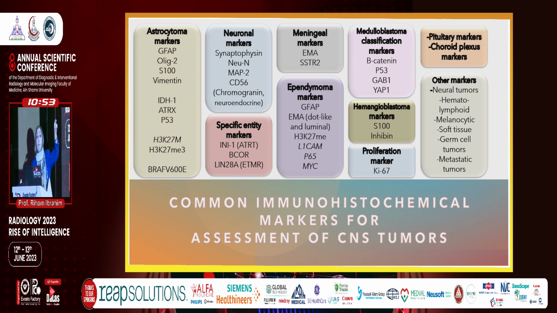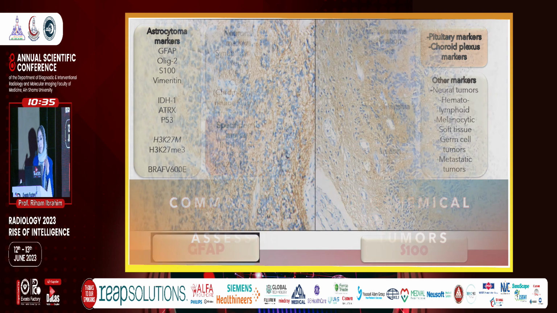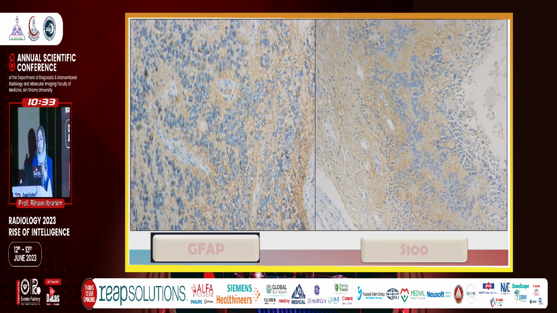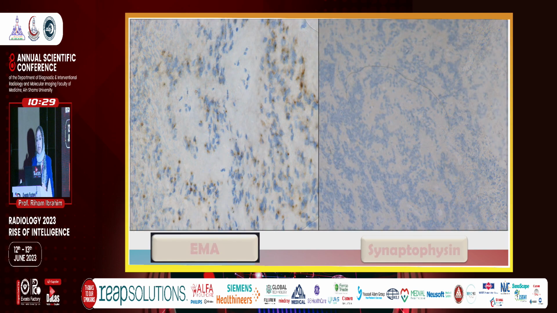So now I'll start forming my cocktail. I'll pick a glial marker, an ependymal marker, and a neuronal marker to exclude medulloblastoma. I'll pick other markers, for example, if I want to exclude ATRT, and this is how I make my cocktail and design my immunohistochemistry plan. So in this case, it was positive for GFAP and S100, confirming the glial nature. Here we have the characteristic dot-like, what we call dot-like pattern.